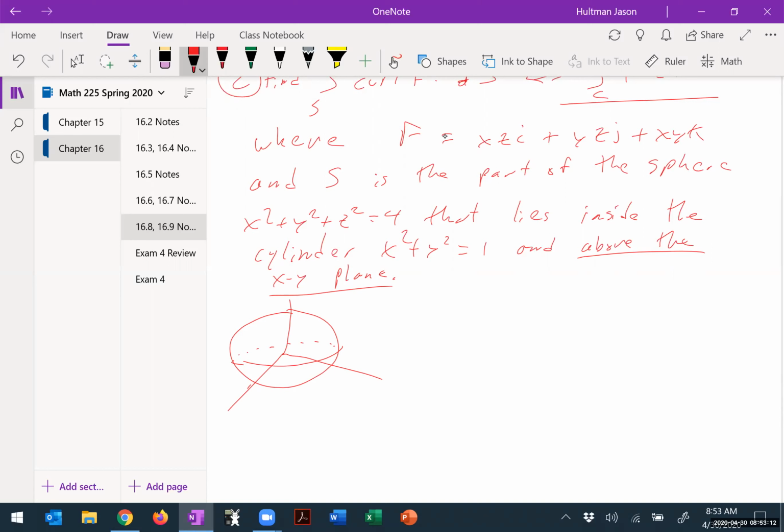So let's just look at the top hemisphere for this thing. Now, what's the radius of this sphere? Well, the radius is 2, right? So we would have a radius of 2. Now, inside the sphere is a cylinder. I don't like this. Let's just use marks to mark off our.